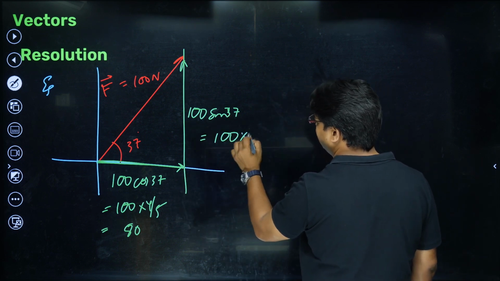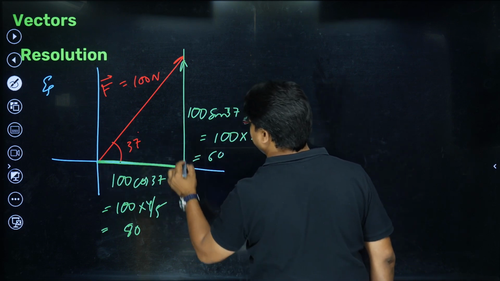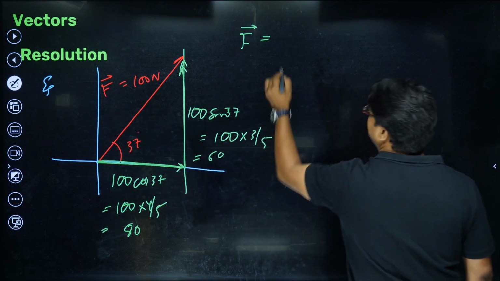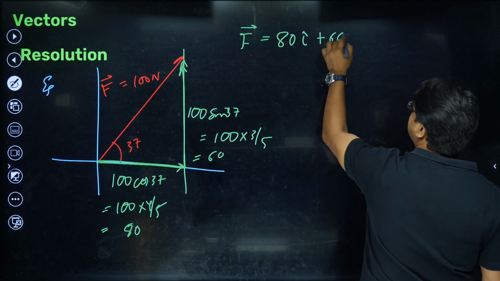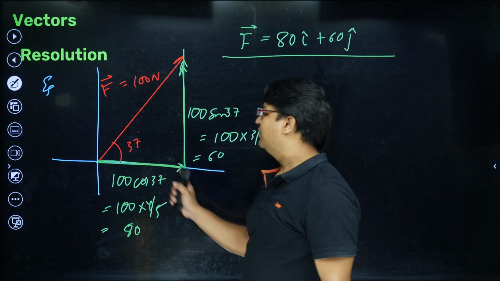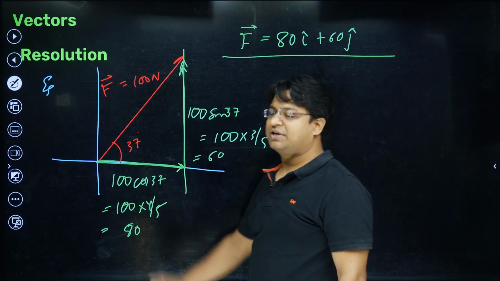So 100 into 3 by 5, so this is 60. So we know that this length is 80 and this length is 60. Therefore, F vector can be written as 80 i cap plus 60 j cap. This is how we can write F vector, 80 i cap plus 60 j cap. So that is how we have split this vector into two.